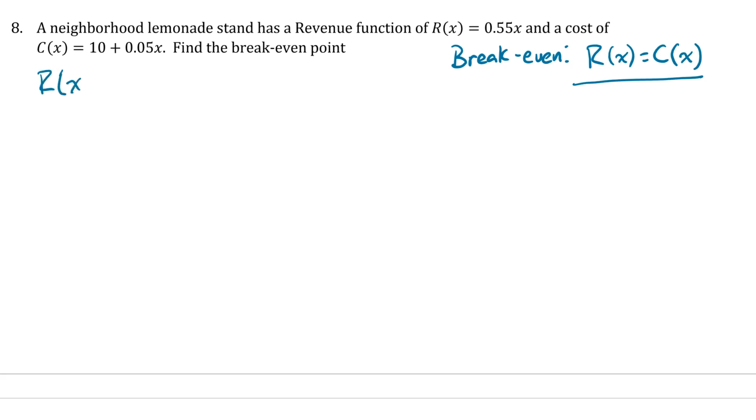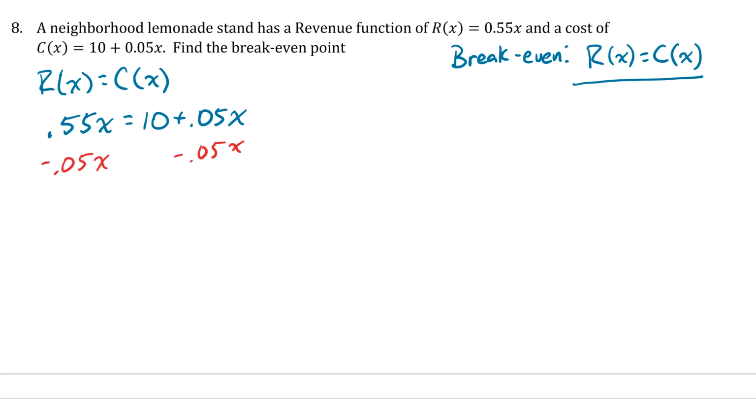All right, so we want to know when r of x equals c of x. In our case, r of x is 0.55x, and c of x is 10 plus 0.05x. So all we have to do is solve this for x now. This is just a linear equation, so we just subtract 0.05x from both sides. So we get 0.5x equals 10.